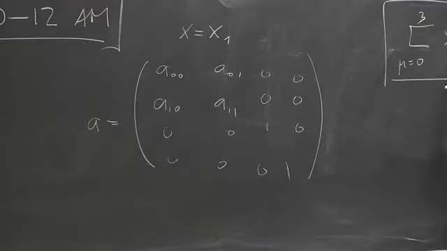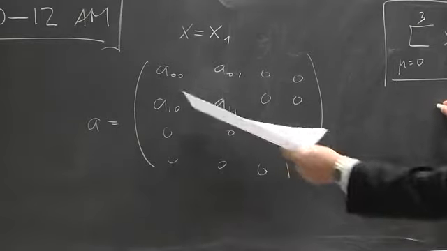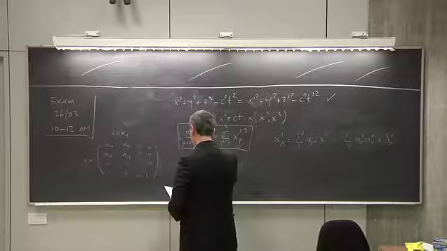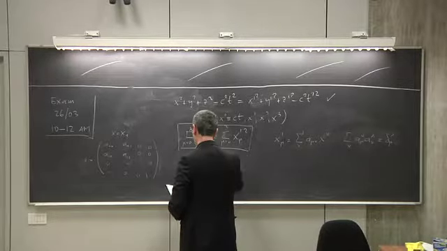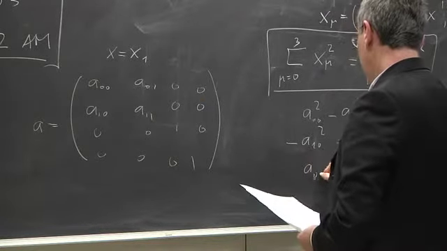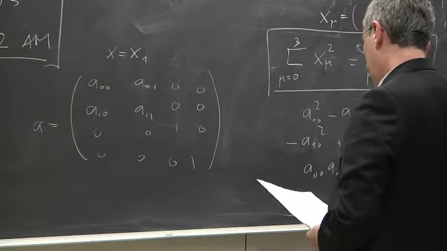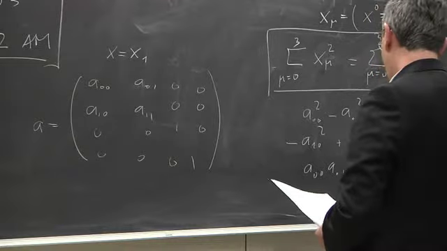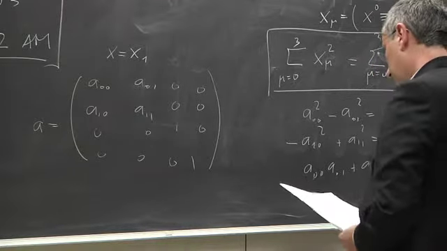Now, you see that if you impose that the length satisfies this, you get that A00 square minus A01 square must be equal to 1, minus A10 square plus A11 square must be equal to 1, and then the product A00 A01 minus A10 A11 must be equal to 0, okay?